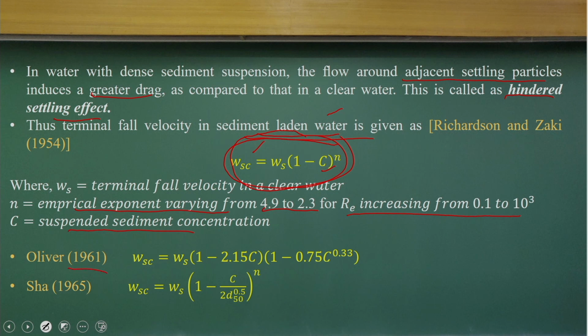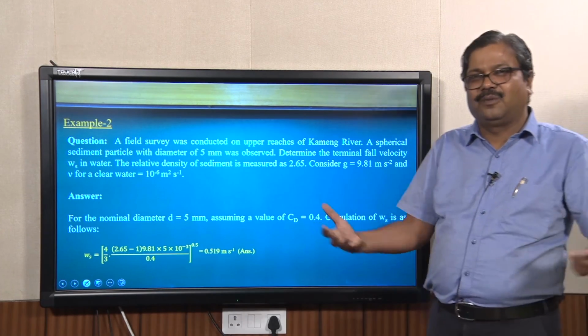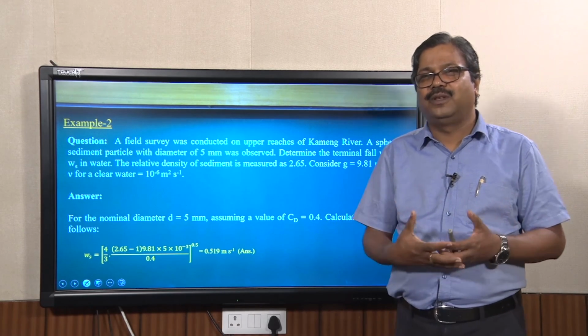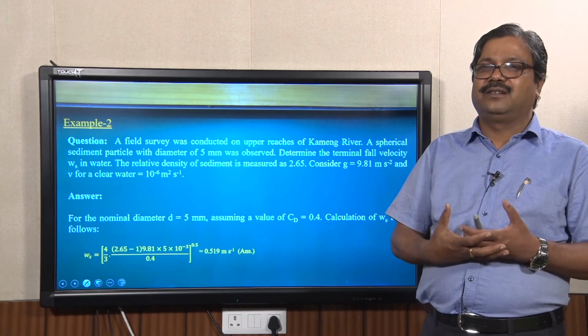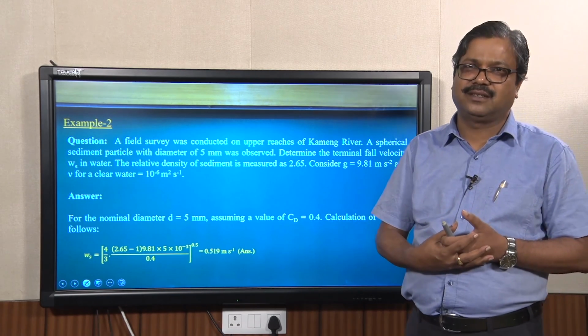There are empirical equations from 1961 and 1965 with two different functions; this one is in terms of D50 and this one is in terms of C only. You can find a series of such equations in any fluid hydrodynamics book; a lot of people have done a lot of research to find the terminal velocity of sediment particles at different sediment concentrations.